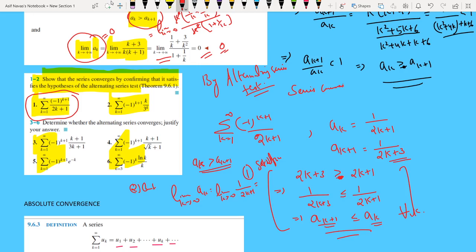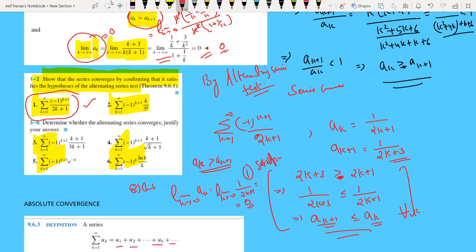Limit 1 by 2k plus 1 as k tends to infinity. This value is 0, right? So both conditions are satisfied. Therefore, the series converges by the alternating series test.